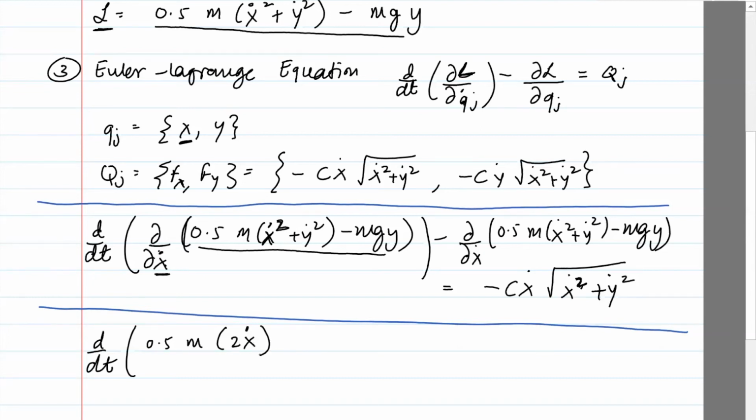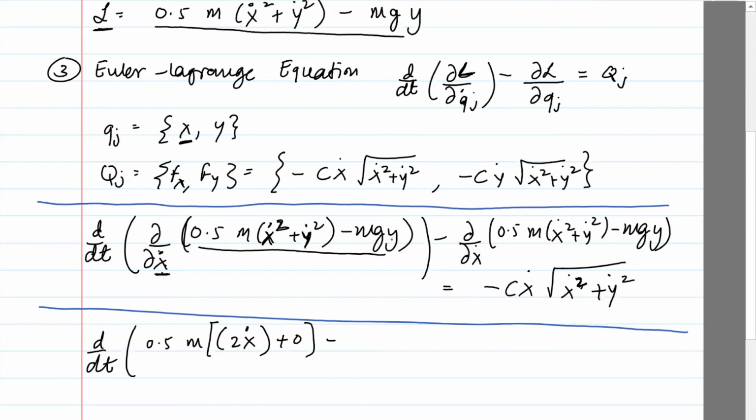So think of ẋ as x, for example: if you want to take the derivative of x squared with respect to x, then it's going to be 2x. And that's what I wrote down. When I want to take the derivative of ẏ squared with respect to ẋ, remember that ẏ is now a constant because I'm taking the partial derivative. So this term is going to be 0. So that is the first part.